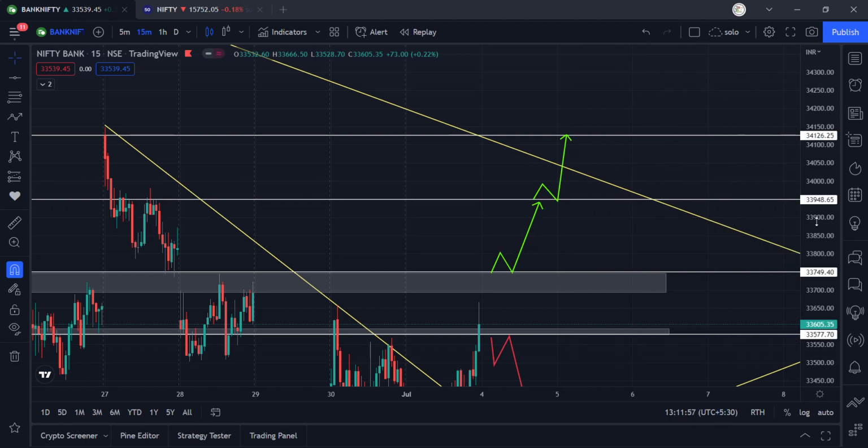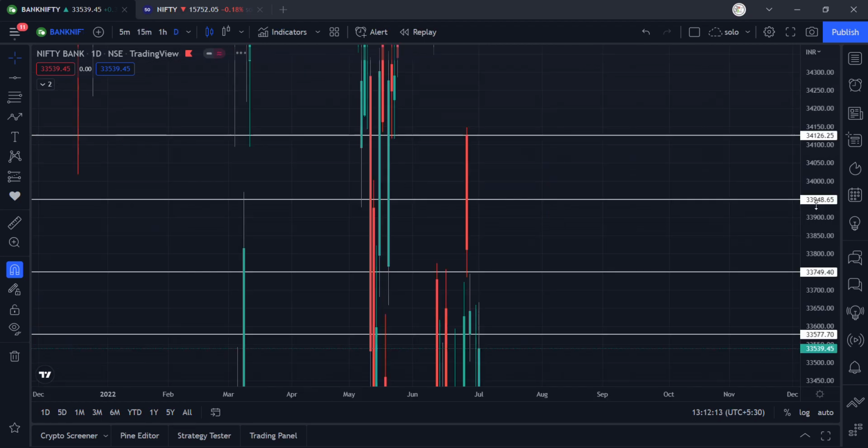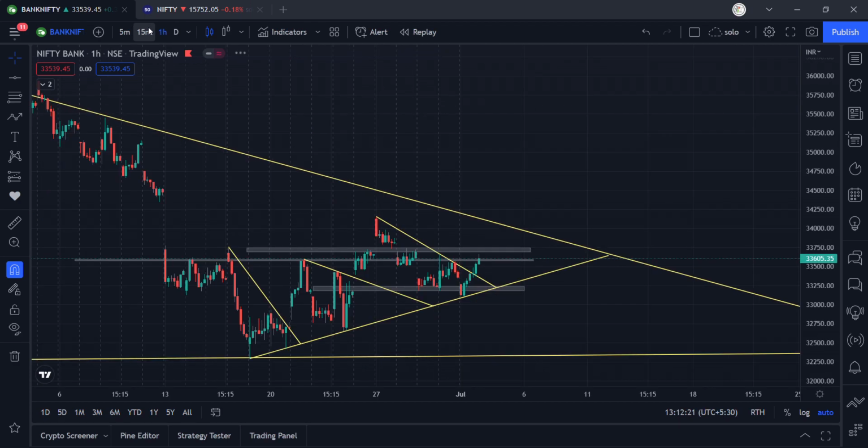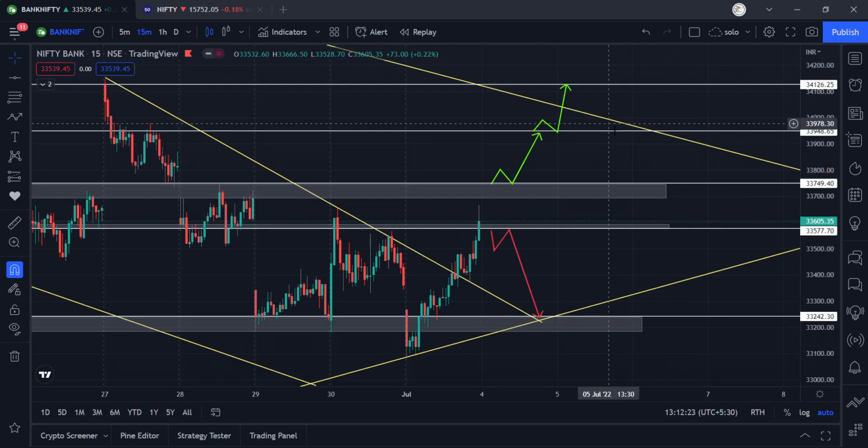Maximum, just exit at this target 1 itself, because we have a major trend line on the 1-day time frame. So there will be a maximum halt of the market happening here. I think it will be rejected here with this 1-day time frame trend line. As you can see, we got maximum rejections over here at the 1-day trend line, so it might not have any chance to break this.